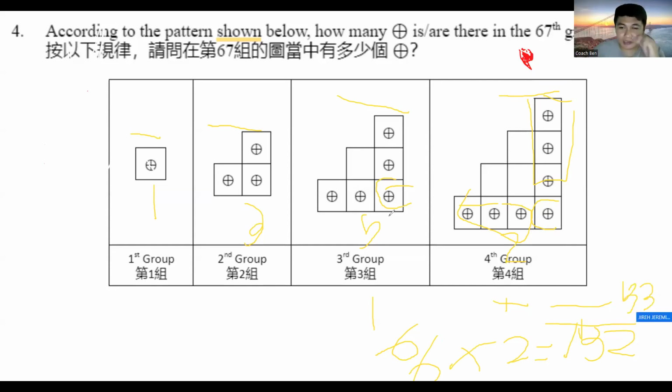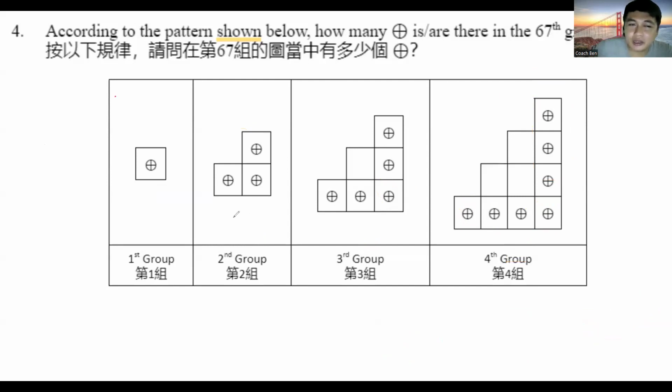Okay, very good. The answer is 133. Thank you for that. There are many ways to figure out the pattern, but the most obvious one is that if the label of the group is n, then it is just 2n minus 1, and that will give you the number of symbols inside the figure.